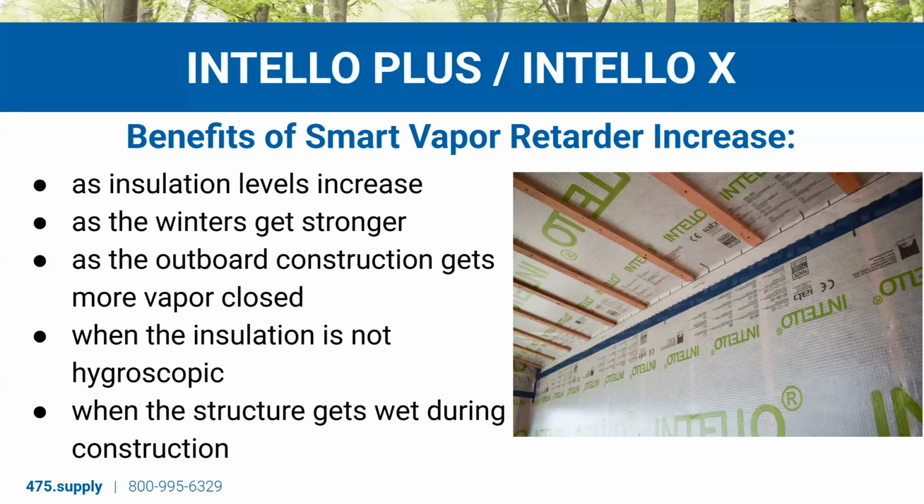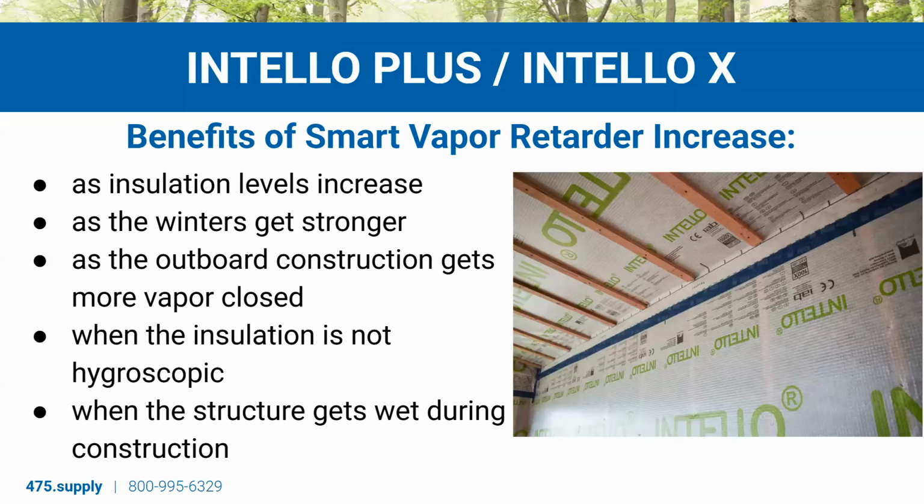It's really helpful when your insulation is not hygroscopic. Hygroscopic meaning insulation like a sponge that can safely hold moisture. So hygroscopic insulation such as cellulose can create this drying reserve and can safely hold that moisture. But if we can't safely hold that moisture, then this vapor variability becomes more key.